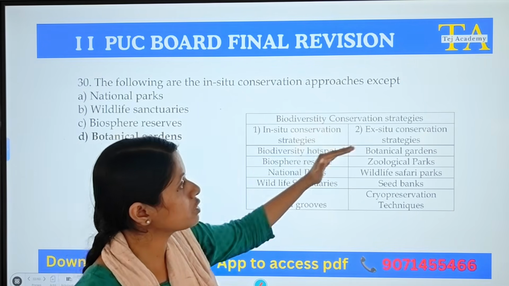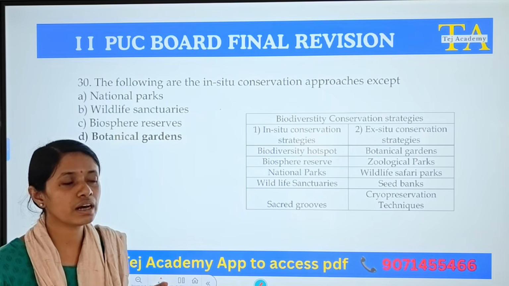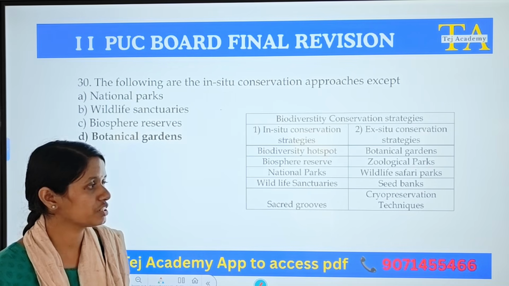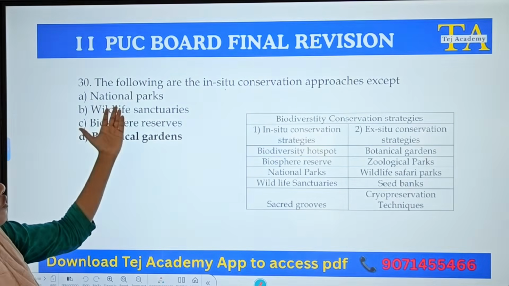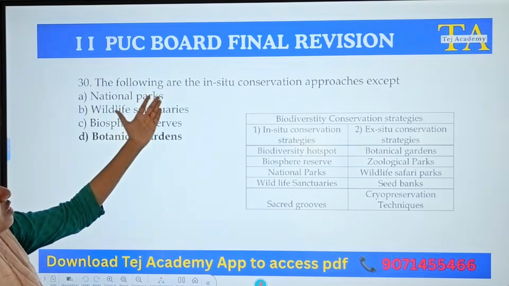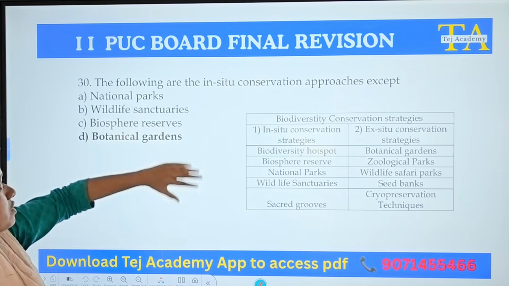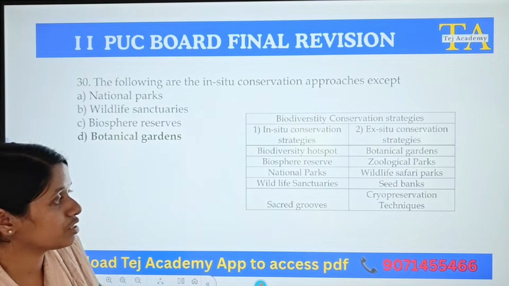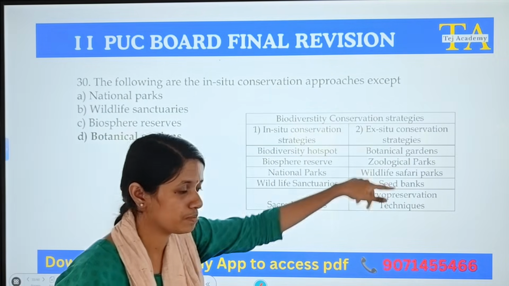Okay, and ex situ conservation strategy includes botanical gardens, zoological park, wildlife safari parks, seed banks and cryopreservation techniques. So if there is a question that is asked like, the following are the ex situ conservation approach except, then you have the ex situ strategies and one in situ strategy. Then you will be able to answer if you know this table.